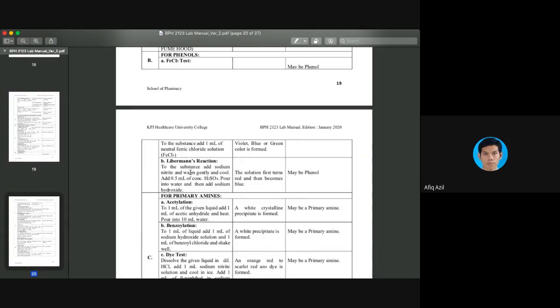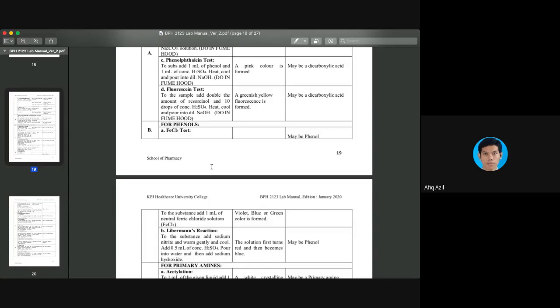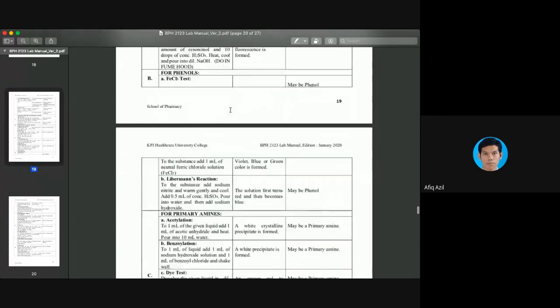So only 2, but actually we can also do the effervescence test, but the effervescence will give you a negative observation, as in there will be no effervescence formed because there is no reaction.